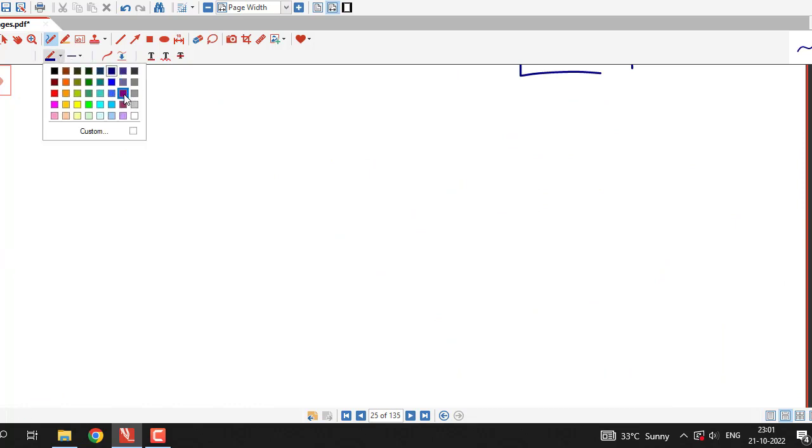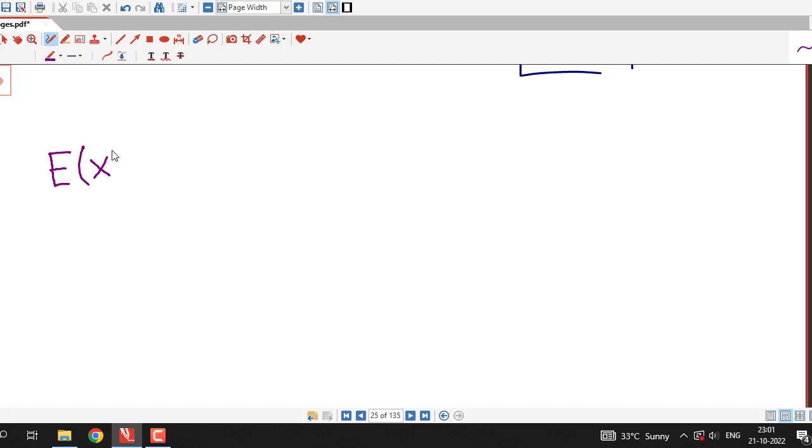So let me choose another color. Here I find the expected value of x square, which is given by the integral from minus infinity to infinity of x square times f(x) dx.